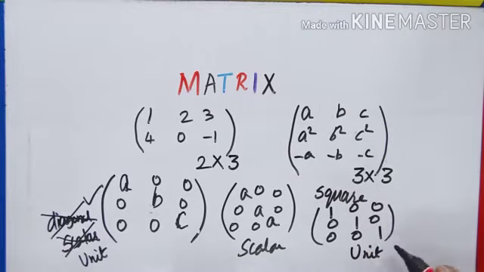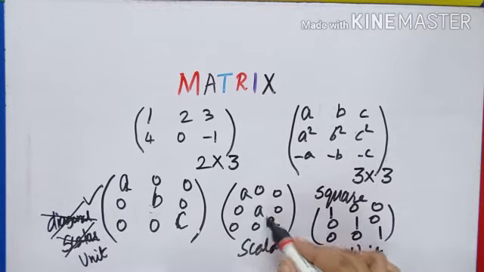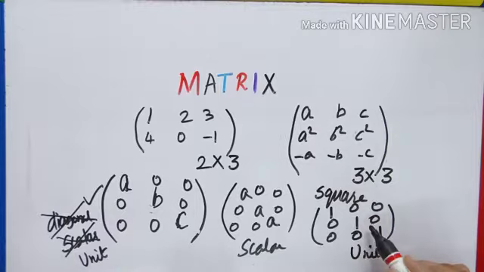This is also a diagonal matrix, but specialized. Because it is the same along the diagonal and other elements are 0, we call it scalar. Because it is 1 along the main diagonal and other elements are 0, we call it a unit matrix.